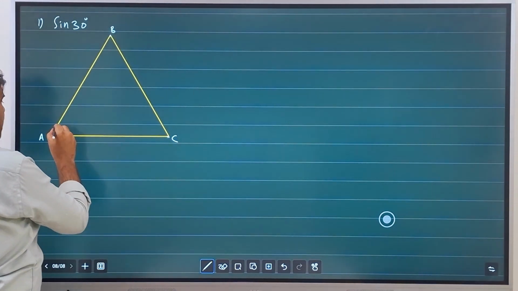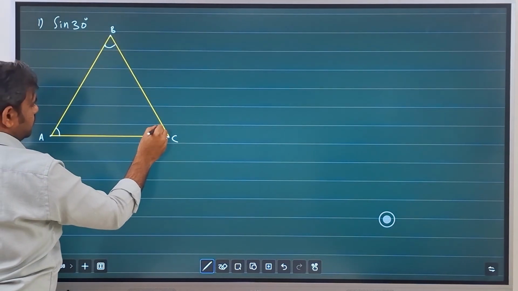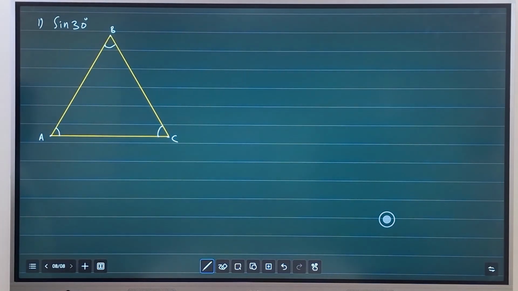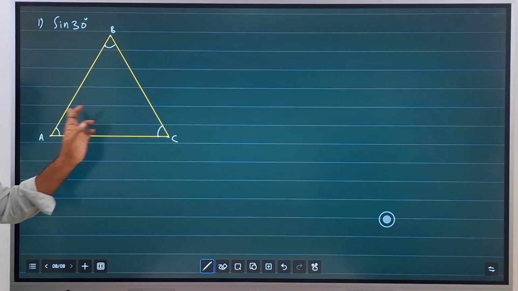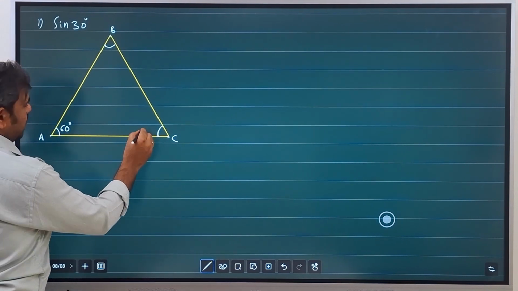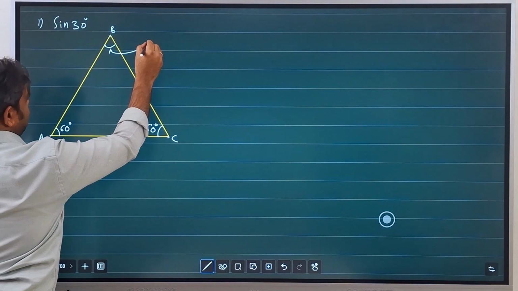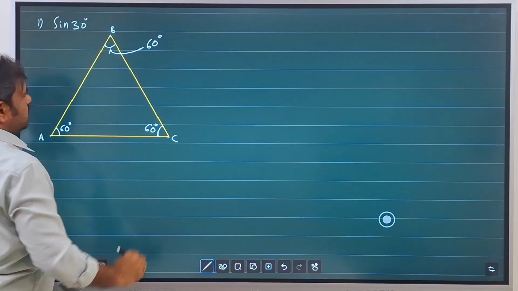And similarly, the angles between the sides are also equal. Sum of the angles in a triangle is 180 degrees. So each angle here is 60 degrees. This angle is 60 degrees. This angle is also 60 degrees. And here, this angle is also 60 degrees.